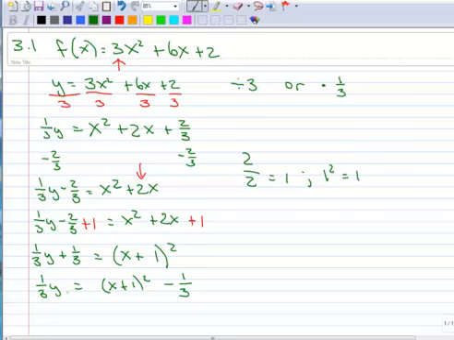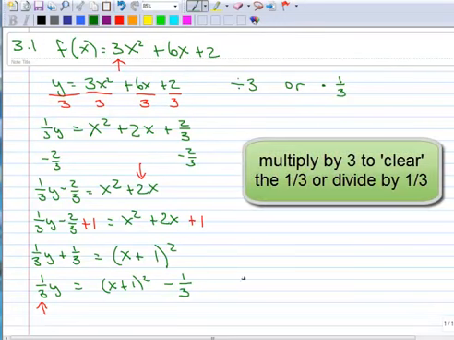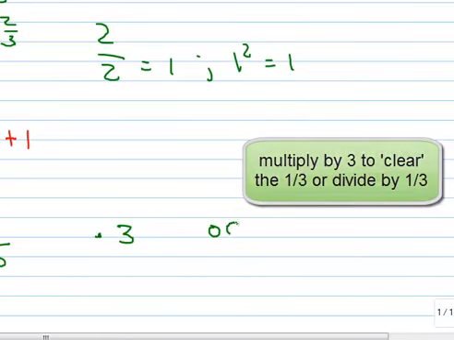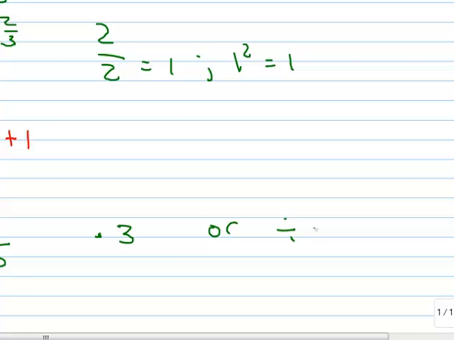Now we've got to deal with this coefficient here, this coefficient of the y, because we're not completed. So in order to get rid of that 1/3, we are either going to multiply through by 3, or you can divide by 1/3. Nobody likes to divide by fractions. So we're going to multiply through by 3.